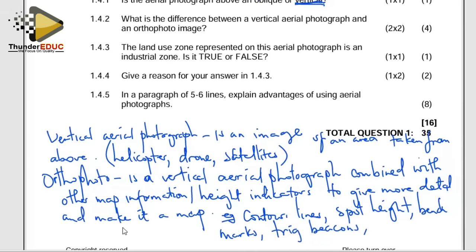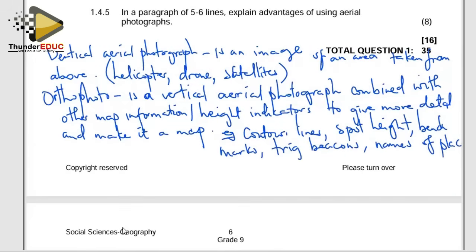And we can also add names of places. Names of roads. Or in actual terms, we can say we can add names of landmarks in simple understandings. So if you see, that is where the difference comes from.